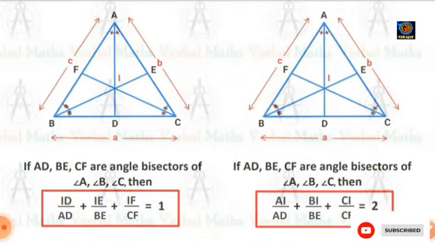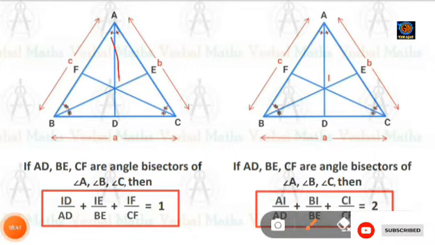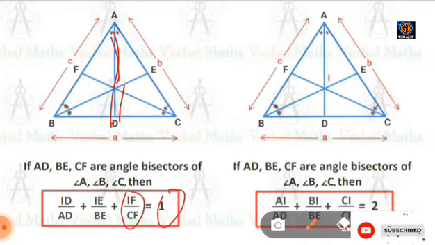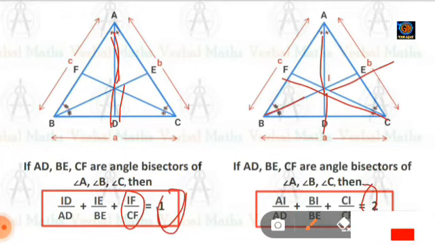The same thing applies in this slide also. The ratio of AI to ID, and BI to IE, and CI to IF, and in the same way it will give you the results here, and here is more.